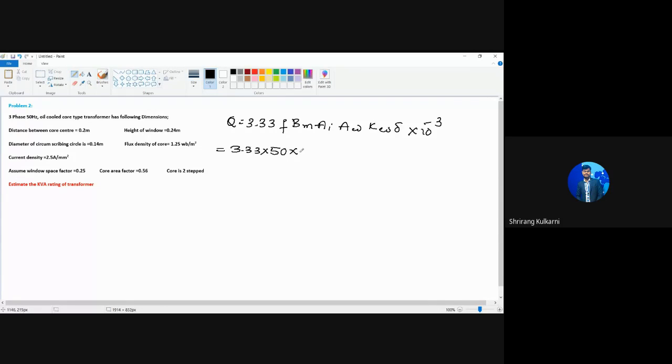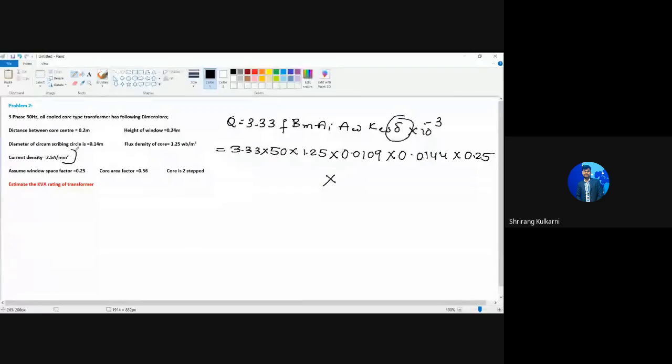Frequency, how much is given? 50 hertz is given. Bm value 1.25 is given. AI is calculated, how much is it? 0.0109. AW is calculated, 0.0144. KW is 0.25.